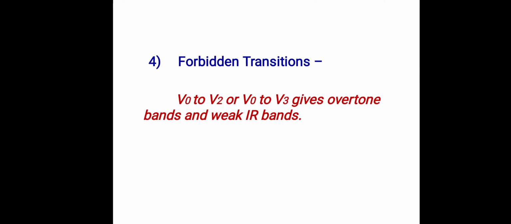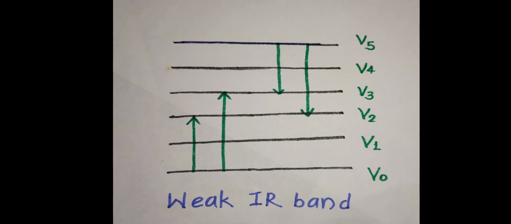Then the fourth point is forbidden transition. What is meant by forbidden transition? V0 to V2 or V0 to V3 gives overtone bands and weak IR bands. So here in the structure, on the left side V0 to V2, V0 to V3, the difference is +2 and +3.